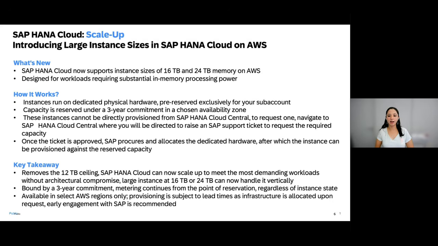Instead, customers are guided through SAP HANA Cloud Central to raise an SAP support ticket and request the required capacity. Once the request is approved, SAP procures and allocates the dedicated hardware. After that, the customer can provision the SAP HANA Cloud instance against the reserved capacity. The key takeaway is that this removes the previous 12 terabyte ceiling and enables SAP HANA Cloud to support some of the most demanding workloads with 16 terabyte and 24 terabyte options.